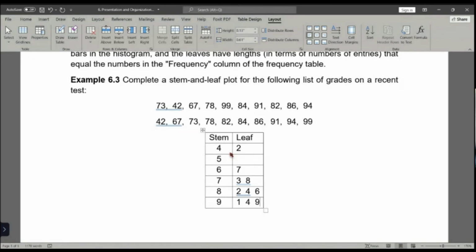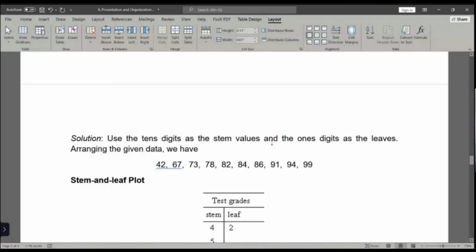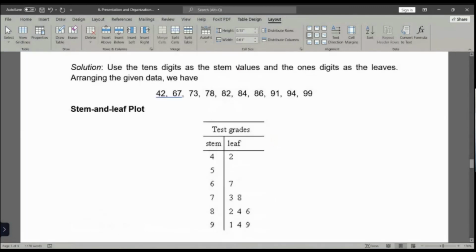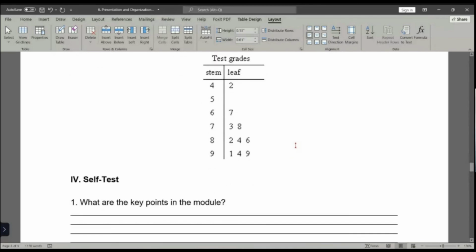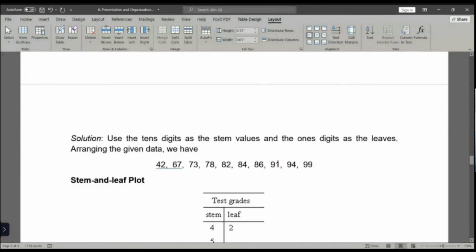This is your stem and leaf plot. Question. None po, sir. Dali lang siya, no? Okay, that's it. We're done. We're done with your box and whisker and stem and leaf plot.